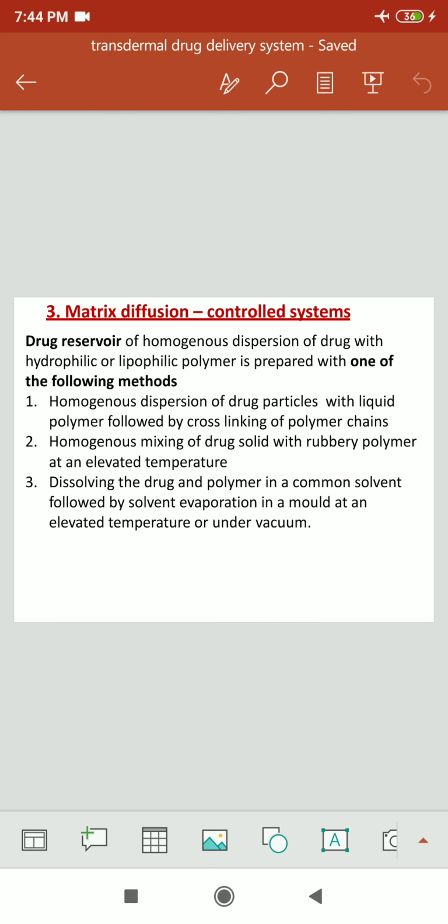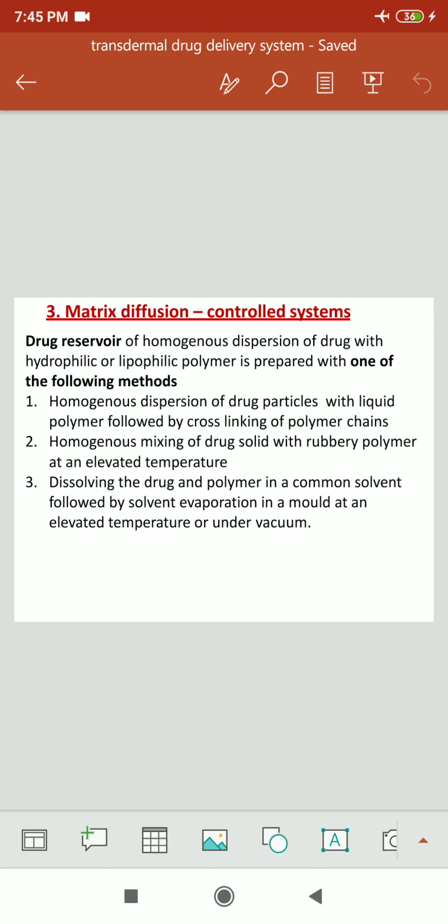Third one is the matrix system. Here the drug reservoir is a homogeneously dispersed drug plus hydrophilic or lipophilic polymer, prepared by the following methods. First, homogeneous dispersion of drug plus liquid polymer is done by cross linking.